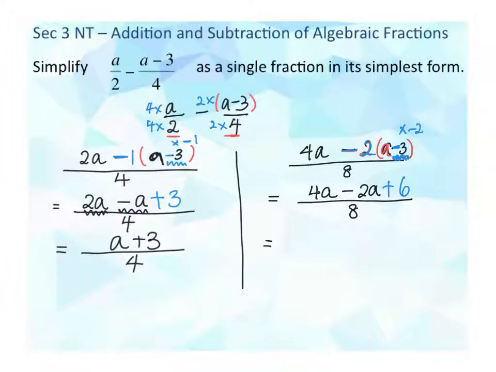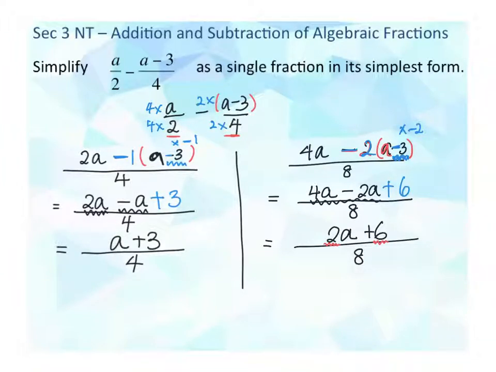Simplifying the fraction, I will have 4a minus 2a gives you 2a plus 6 over 8. Now we cannot stop here because we need to take note that there is a common factor of 2 in 2a and 6.